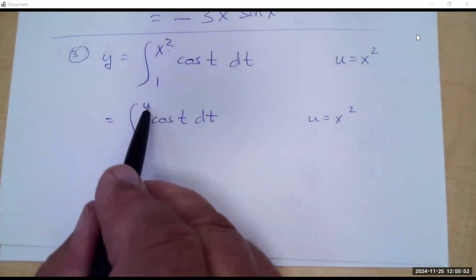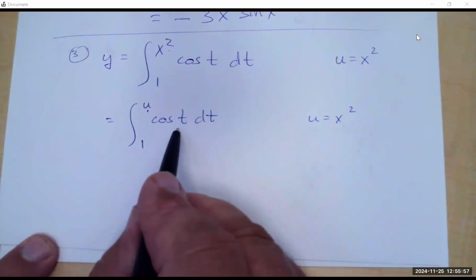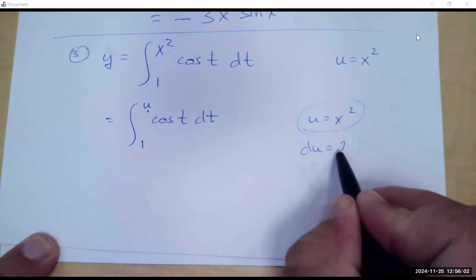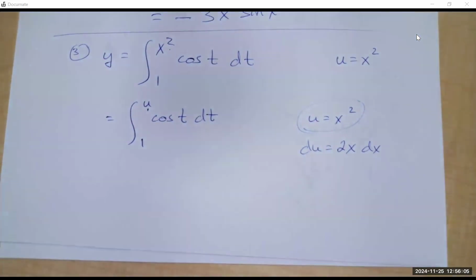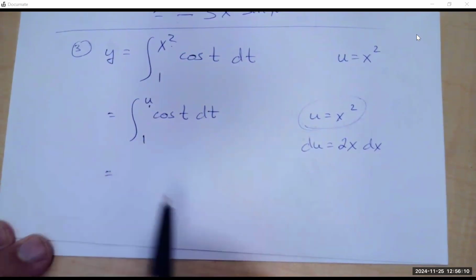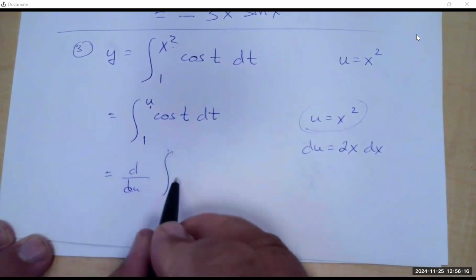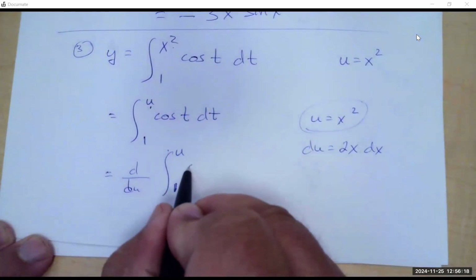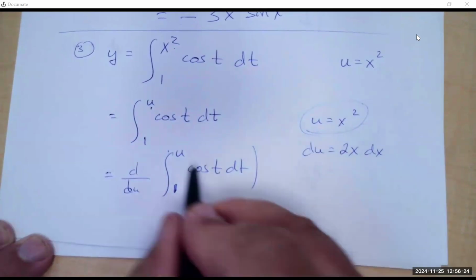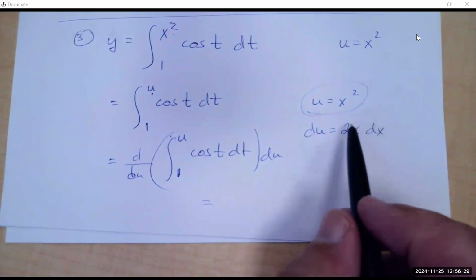But now since I'm going to u, how do I take the derivative of this? What's the derivative of u? 2x dx. So what I have here is the derivative with respect to u of my integral from 1 to u of cosine t dt, times du. Do I have a 2x in there?